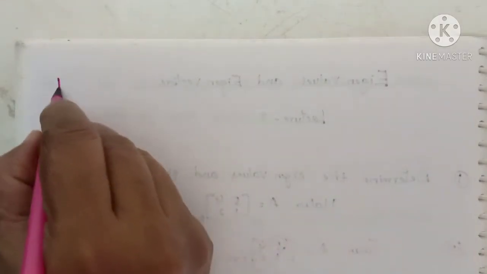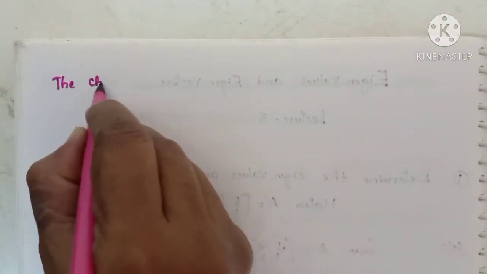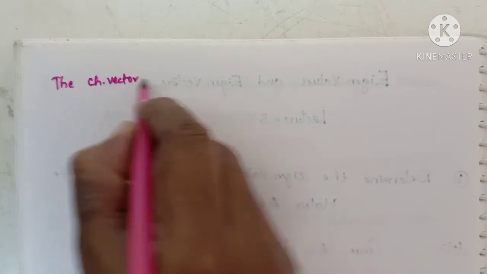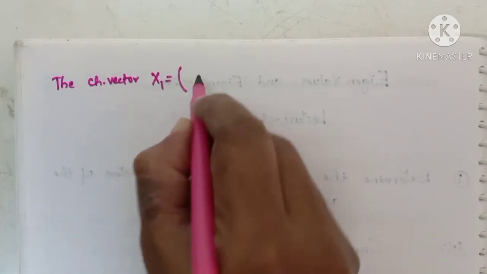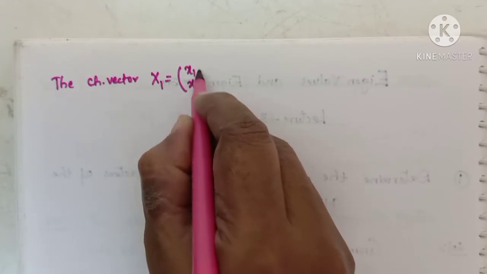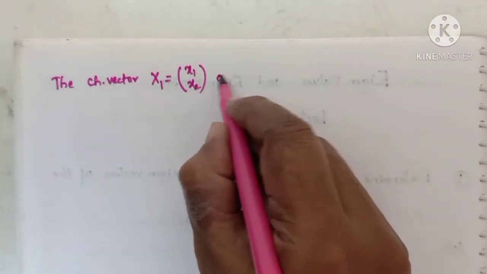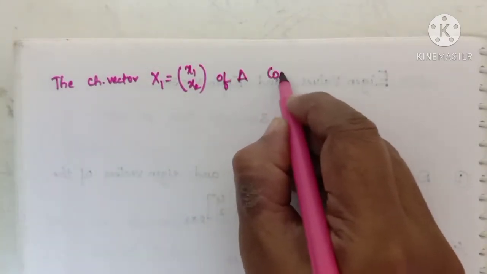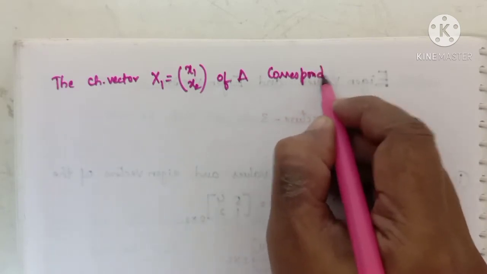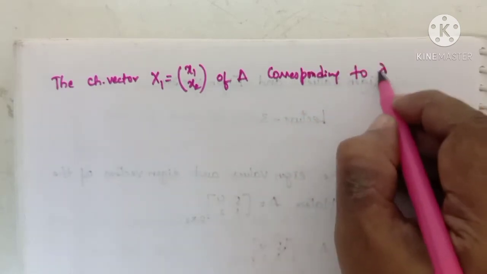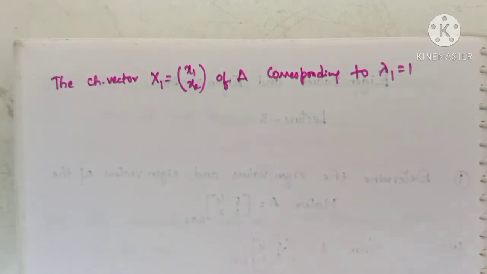The characteristic vector, we take this as X equal to (x1, x2), of A corresponding to lambda 1 equal to 1. Corresponding, we got two characteristic values. First we take lambda 1, that is 1.